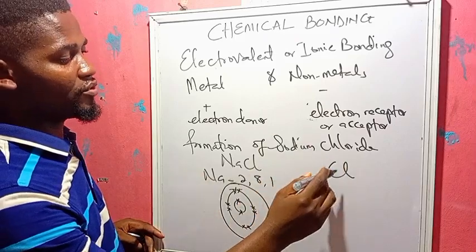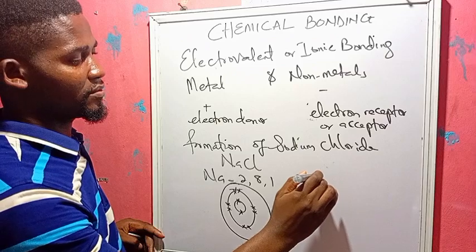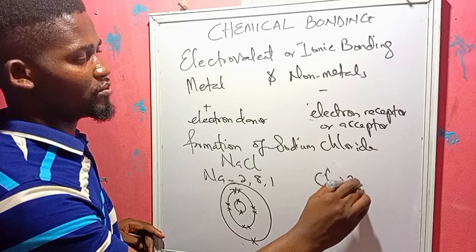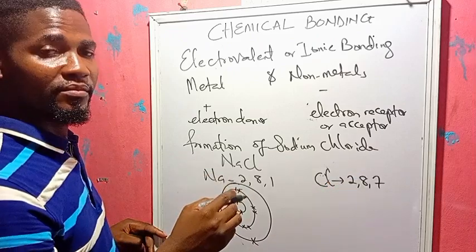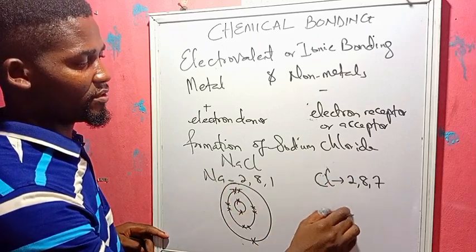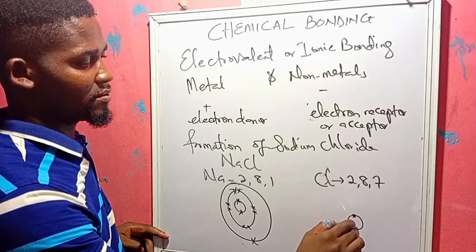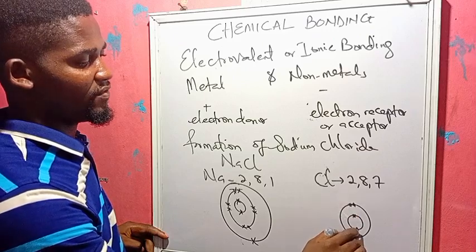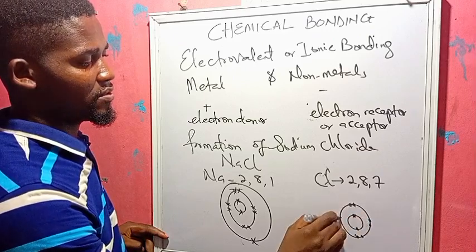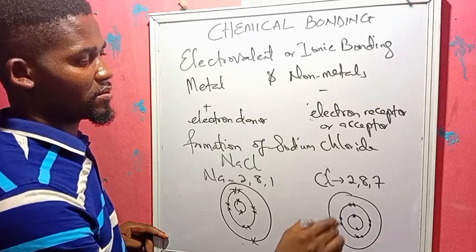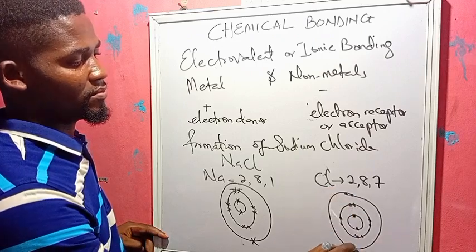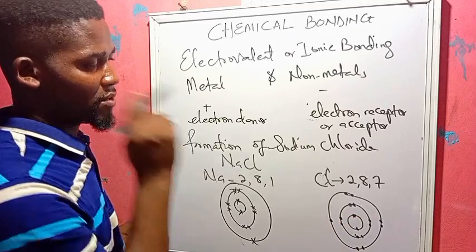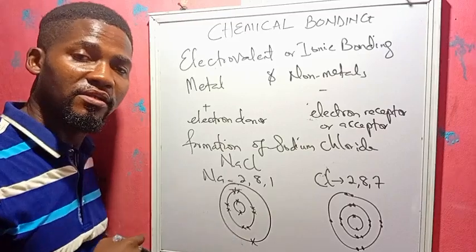This is sodium, chlorine. Chlorine is 2,8,7. The structure is something like this. Now, these are 7 electrons in the outermost shell.